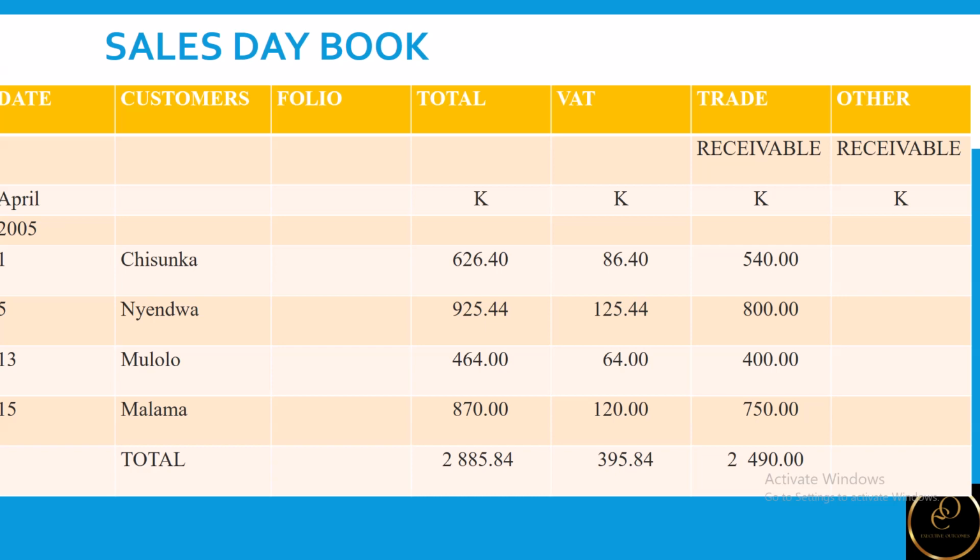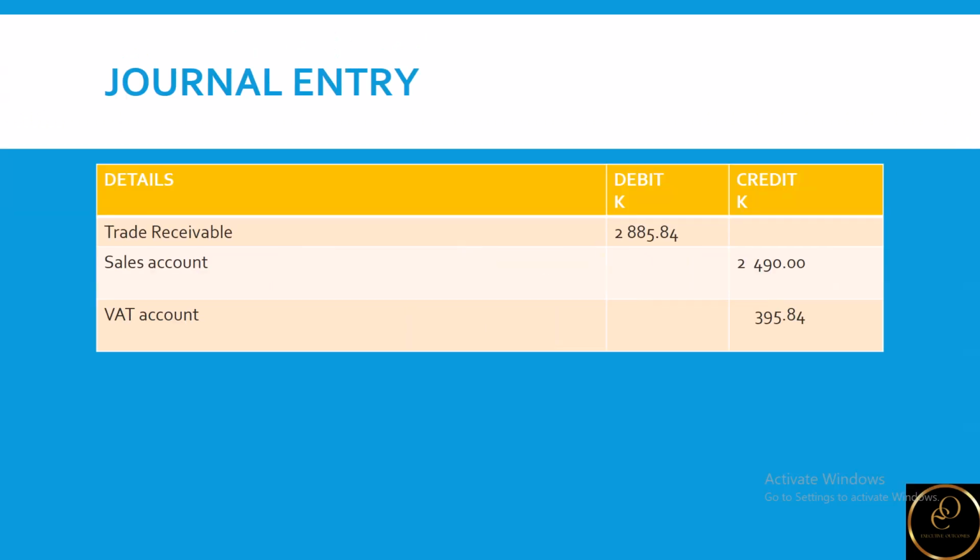So that is what is going to be shown as an amount owed to us by the number of trade debtors. This is the total amount owed to us by the trade debtors, 2,885.